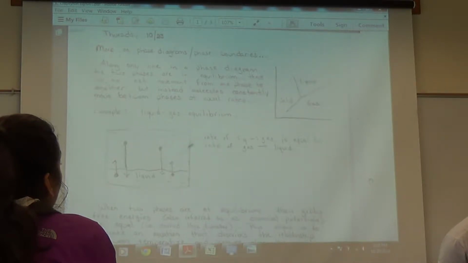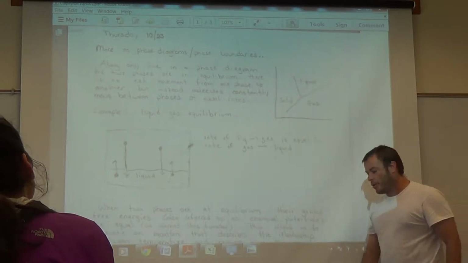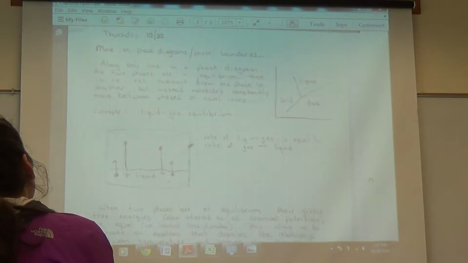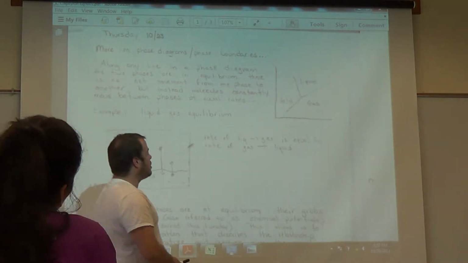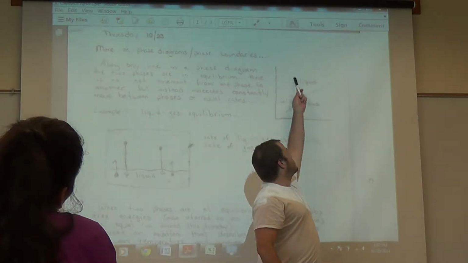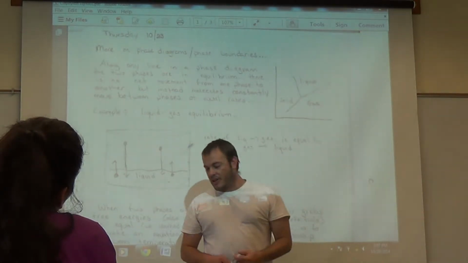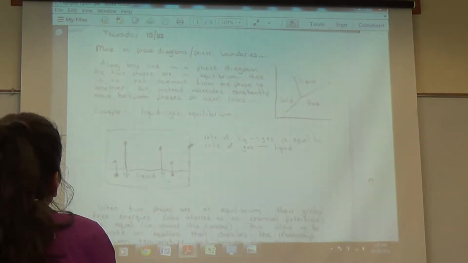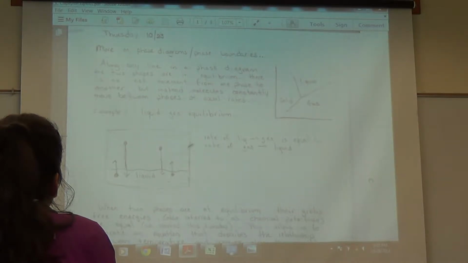A couple of things we want to talk about. One, we're going to get back to this. So let's define it now. Dynamic equilibrium. When we're at any point along these lines in our phase diagrams, the species are defined to be at equilibrium. And if they're at equilibrium, there won't be net movement of material from one phase into another.